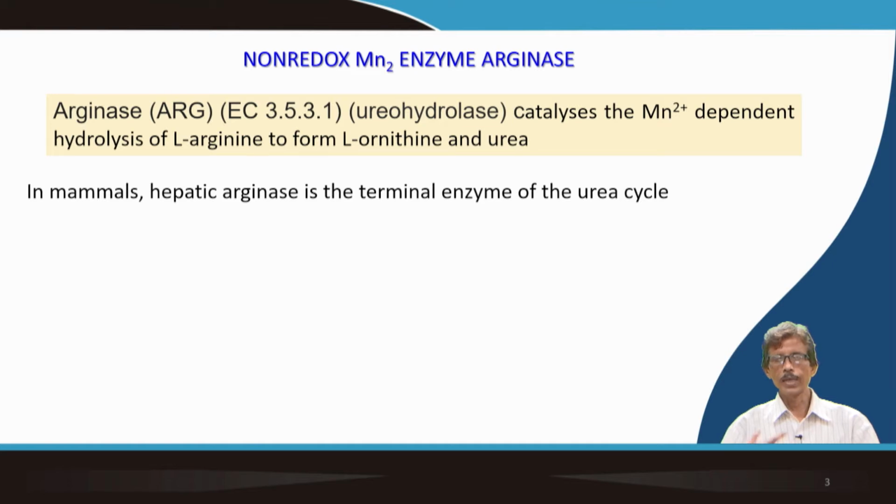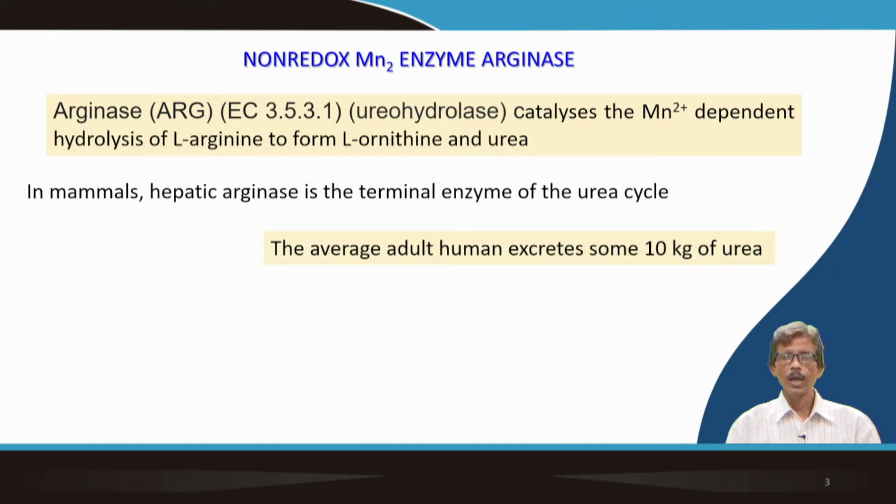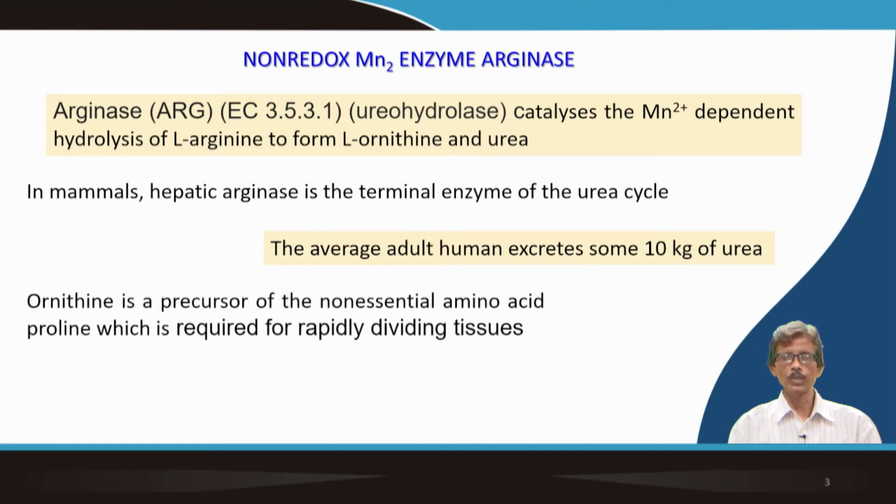We know that in the urea cycle our body produces a huge amount of urea. Throughout the year the average human adult excretes some 10 kg of urea, so every day we produce urea from our body. How can this be related?